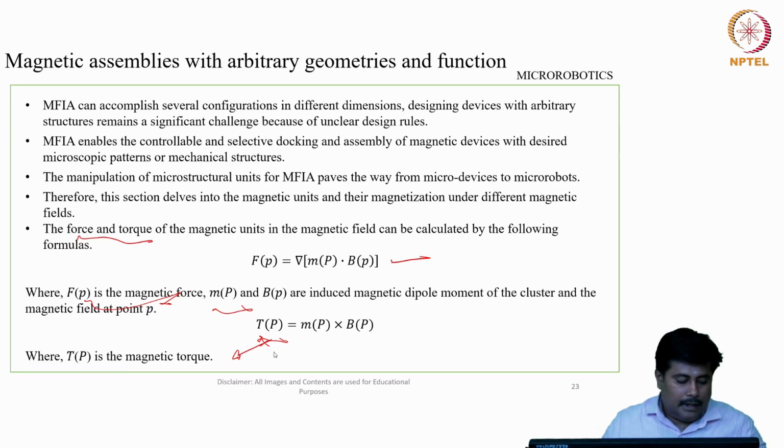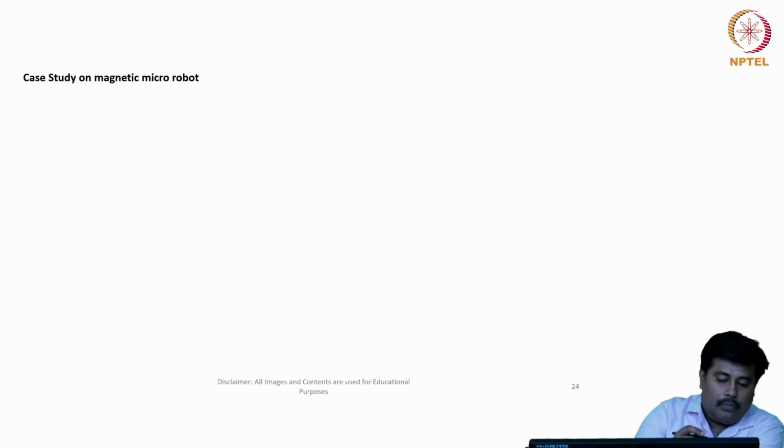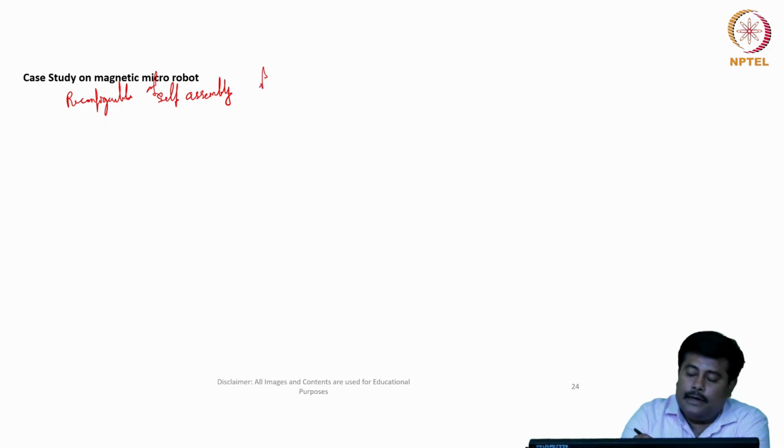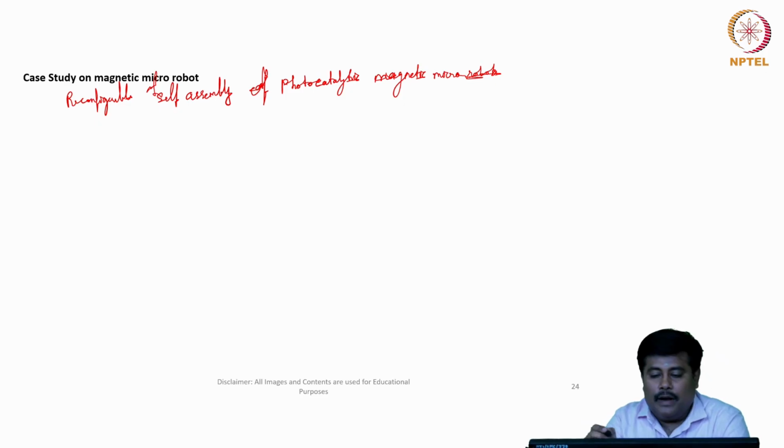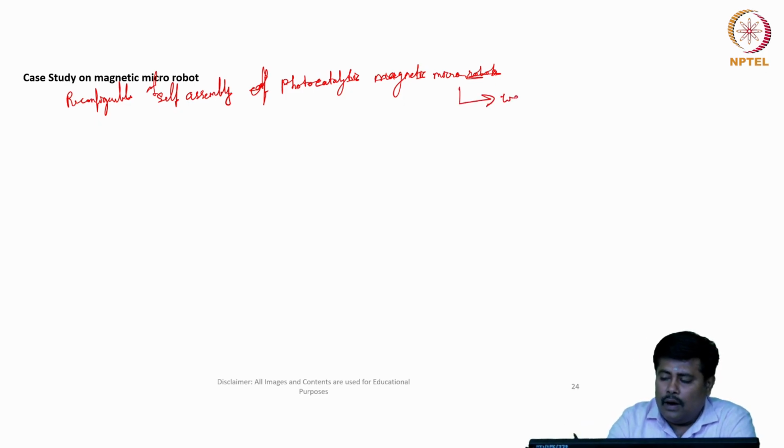This is the reconfigurable self-assembly of photocatalytic magnetic microrobots. Ideally, these kinds of microrobots are used for water purification.